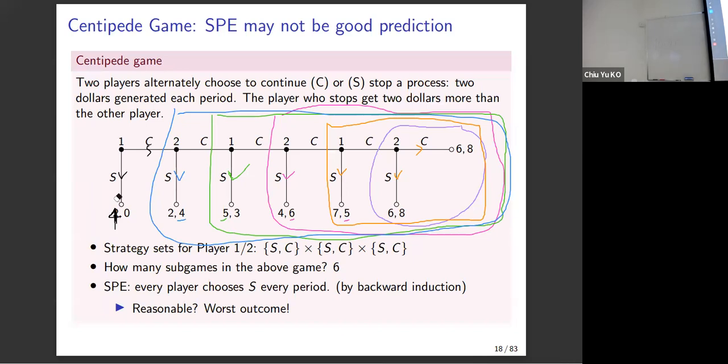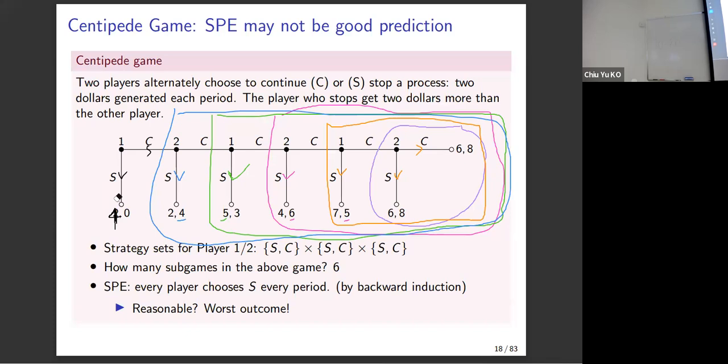And the prediction will be just S. Everyone chooses S whenever given a chance. But in the real world, usually you will get somewhere in the middle, because you expect it to go somewhere to 4. So it's reasonable. The problem with backward induction is probably that people cannot think too far ahead.